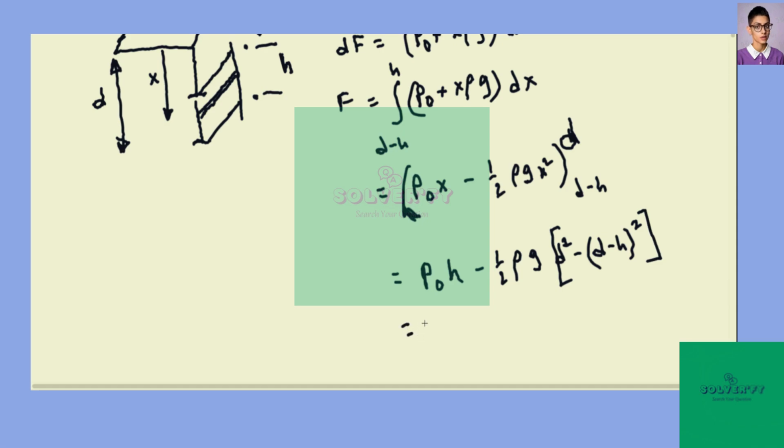Putting the values in, we get force equals, there is a plus sign over here. So the total force will be given by half rho g.